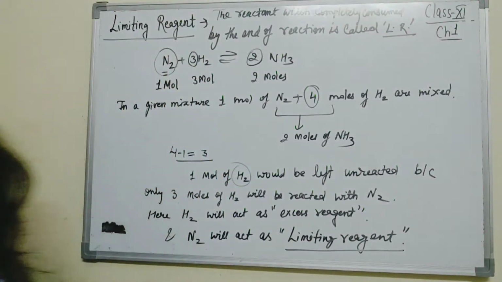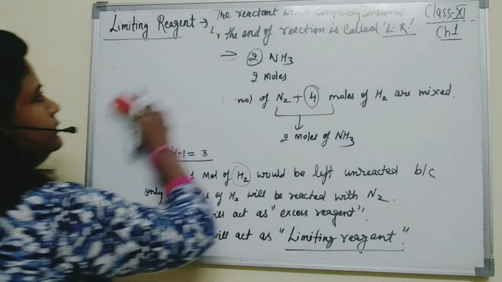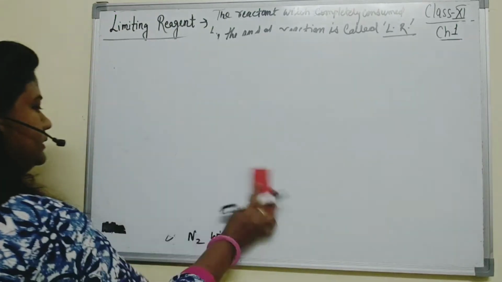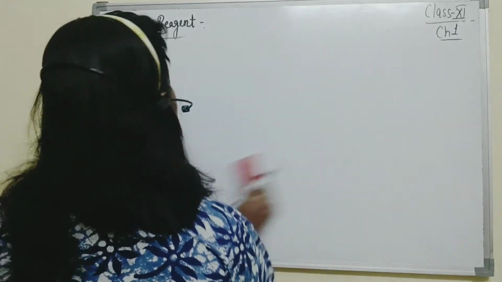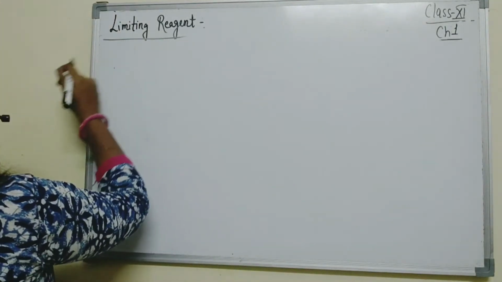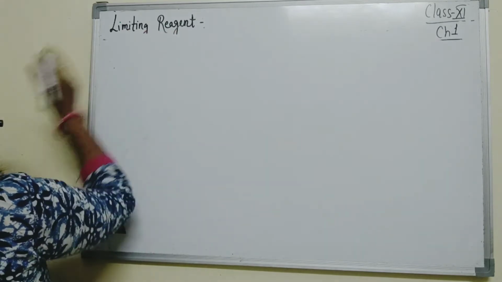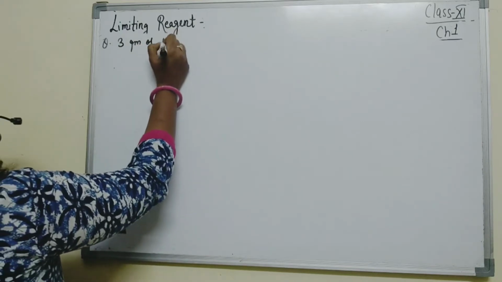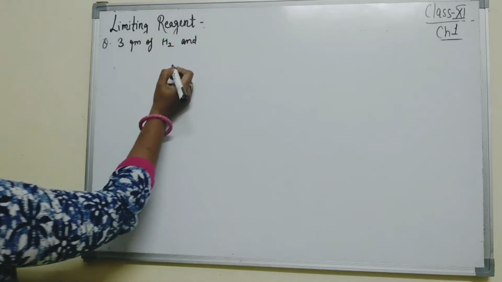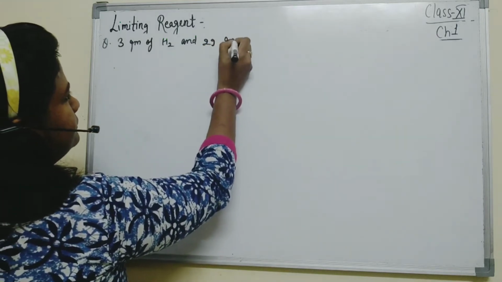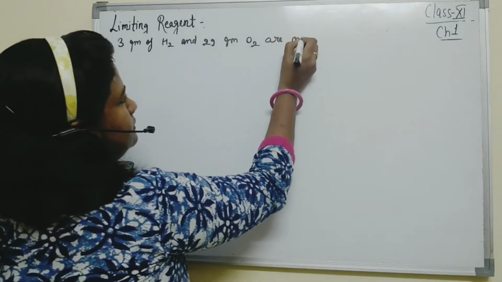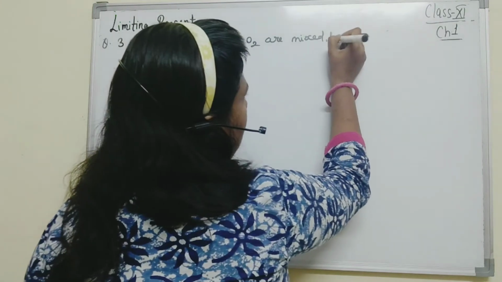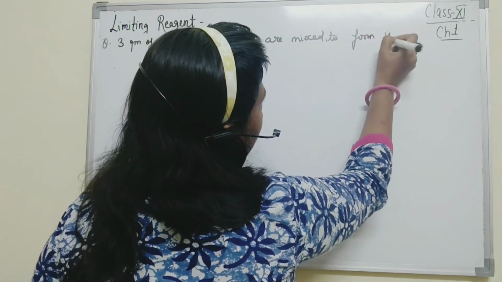Okay, now the question is: suppose 3 gram of hydrogen and 29 gram of O2 are mixed to form water.